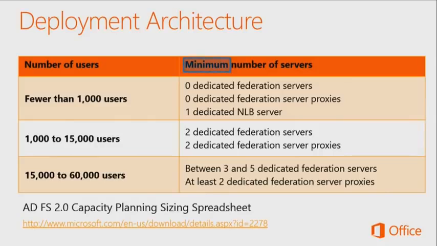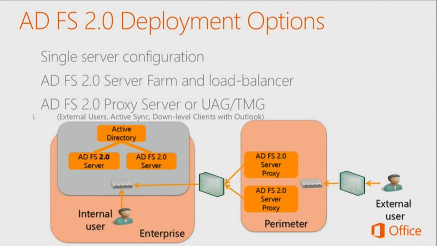Okay. Deployment architecture, minimum number of servers. For fewer than 1,000 users, 1 dedicated network load balancing server. For 1,000 to 15,000 users, 2 dedicated federation servers, 2 dedicated federation server proxies. So if we go back a screen, we're showing 5 servers here.